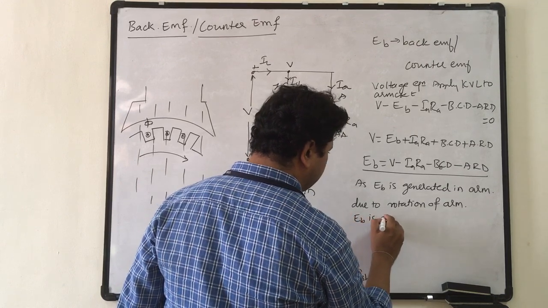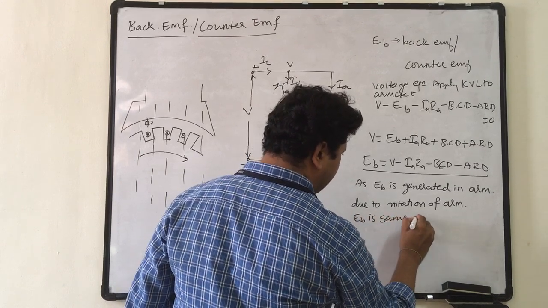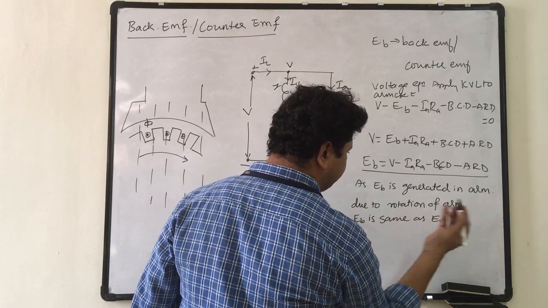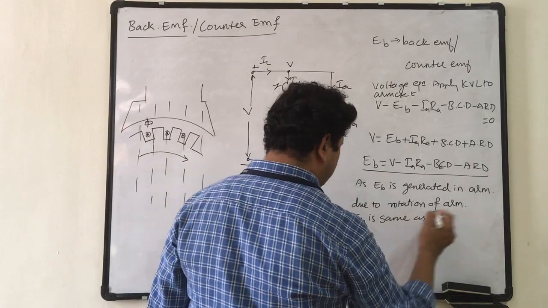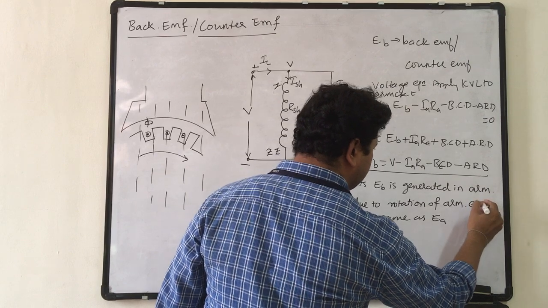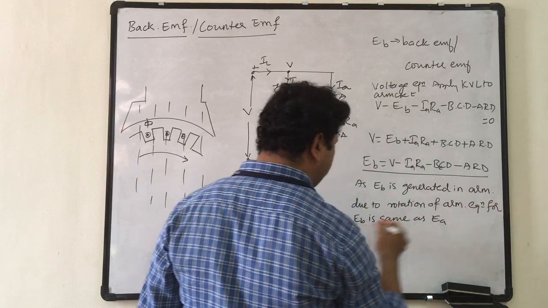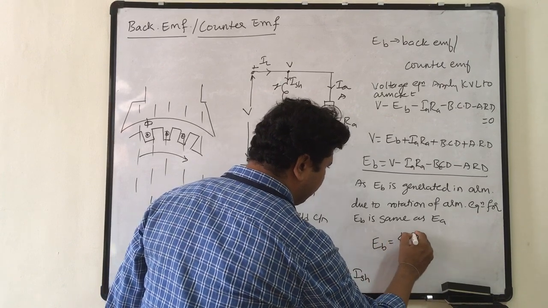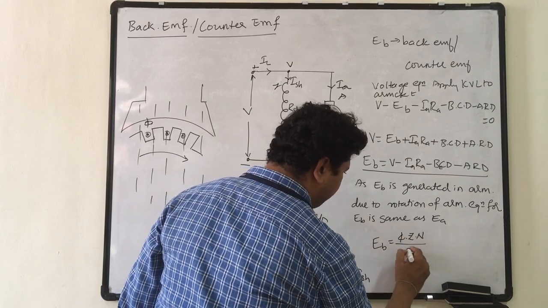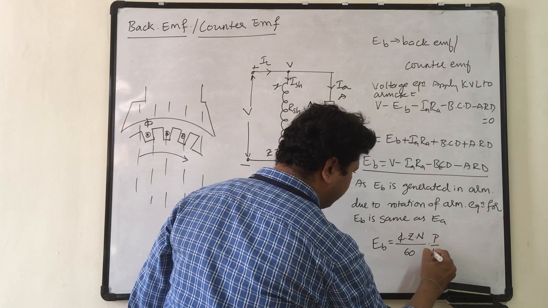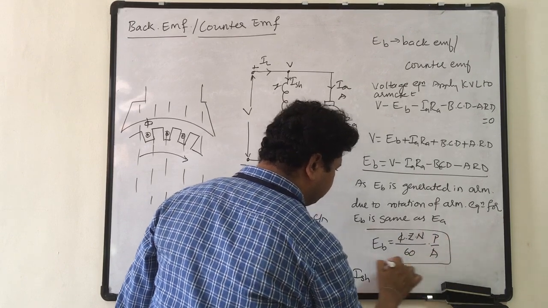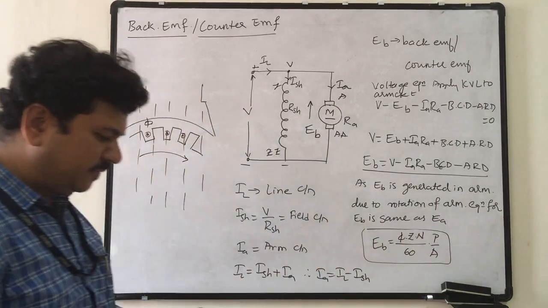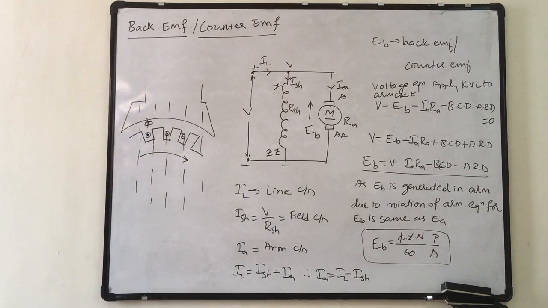EB is same as EA, that is EB is equal to phi Zn by 60 into P by A. So in DC generator this equation becomes the generated EMF.